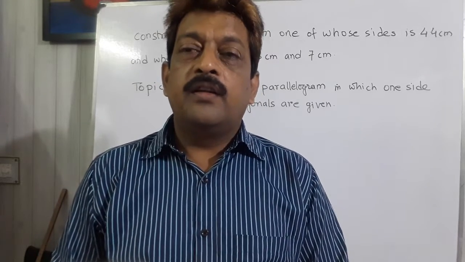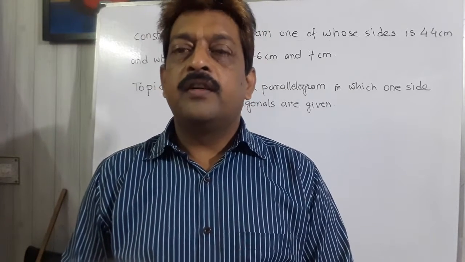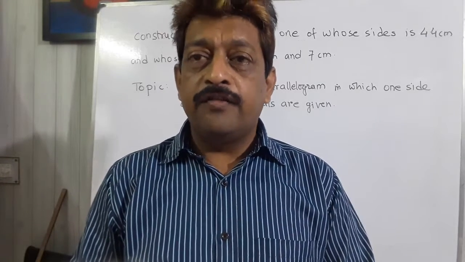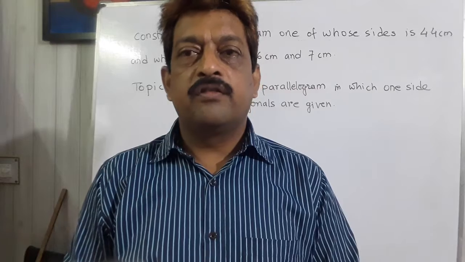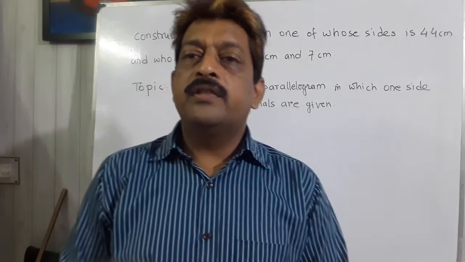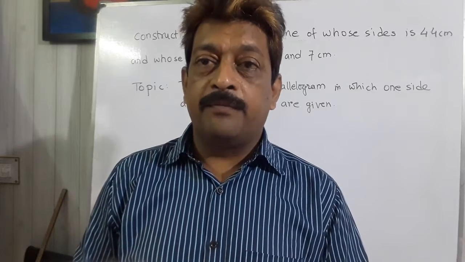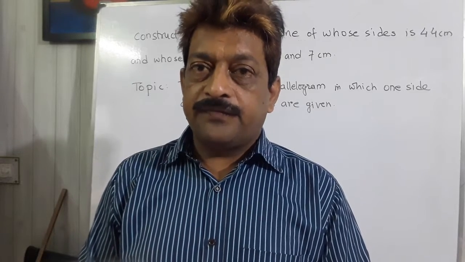This is Pradeep sir with another session of practical geometry constructions of special types of quadrilateral. In the previous session, we have learned how to construct a parallelogram under different conditions.